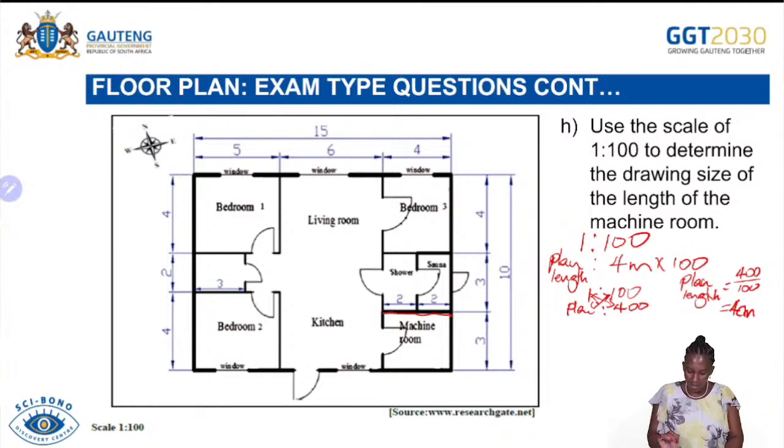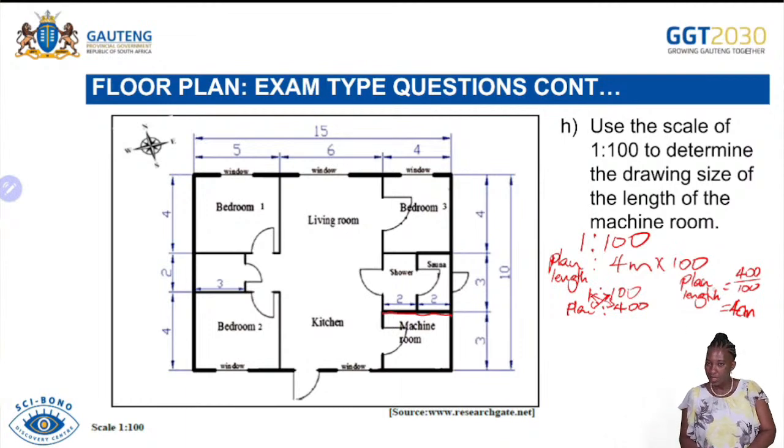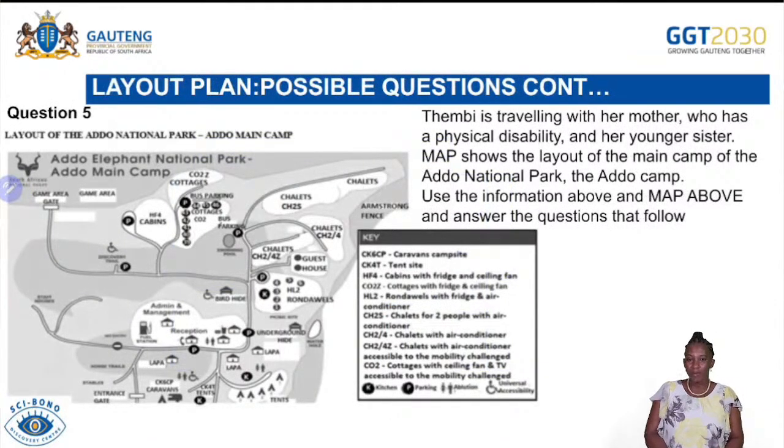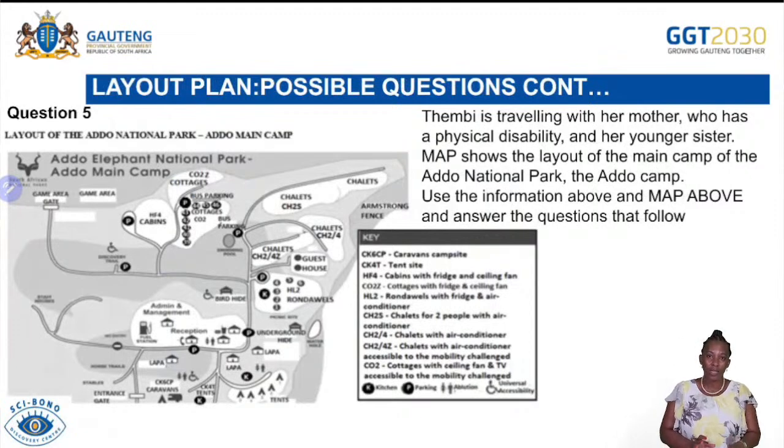So what I have done here, boys and girls, is convert the meters to centimeters first, and then determine the plane length, because we are given the actual one. Boys and girls, I am trying as much as possible so that you have a gist of what to expect in the exam.